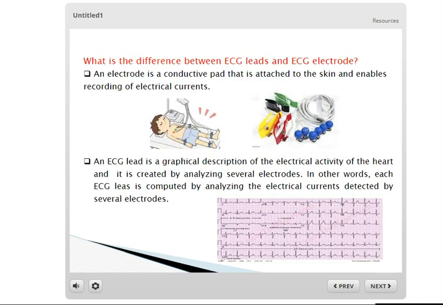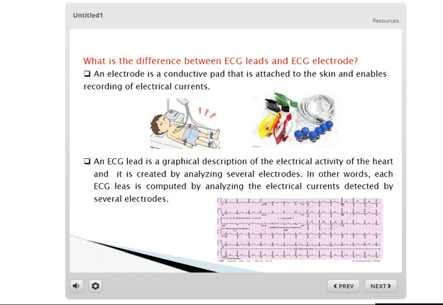ECG electrodes are the conductive pads that are attached to the skin. They are the sensors that detect the electrical activity of the heart. The electrodes convert the ionic currents generated by the heart into electrical signals that can be measured and recorded.